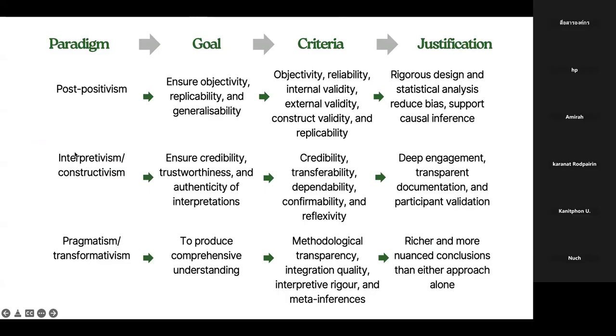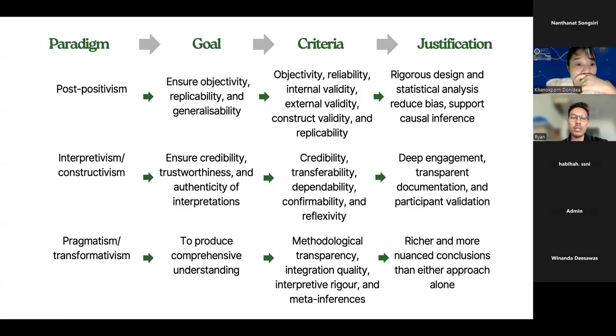Positivisms, interpretivisms, and pragmatisms. But I think this is very hard to understand if we want to study it now. But I believe the majority of you already took the course about this part of research paradigms. If you want to choose post-positivism, you need to make sure your validation is based on objectivity, reliability, internal validity, external validity, construct validity, and replicability.